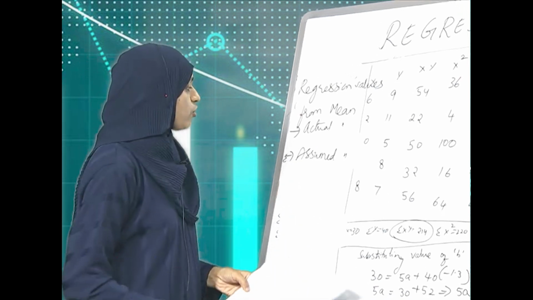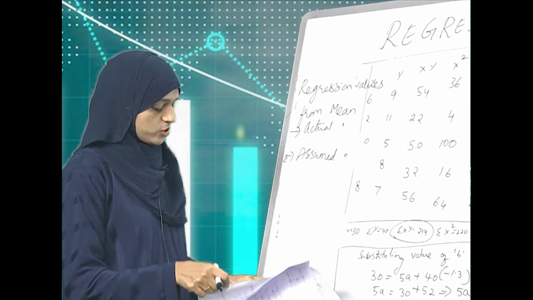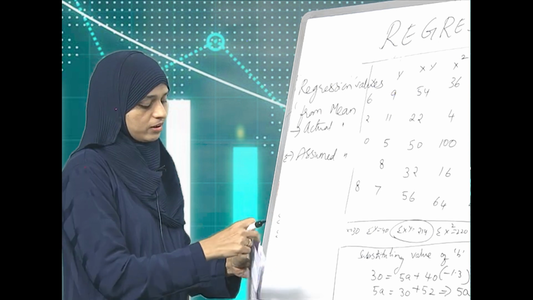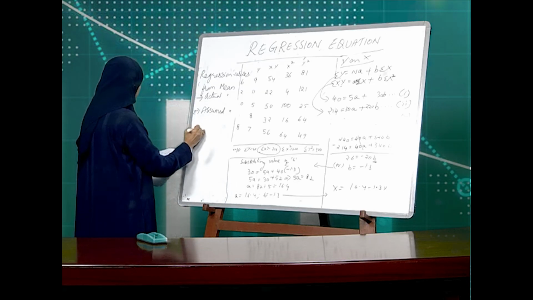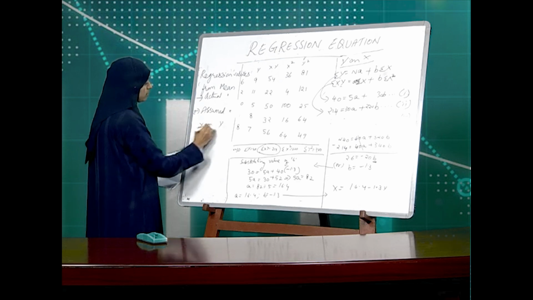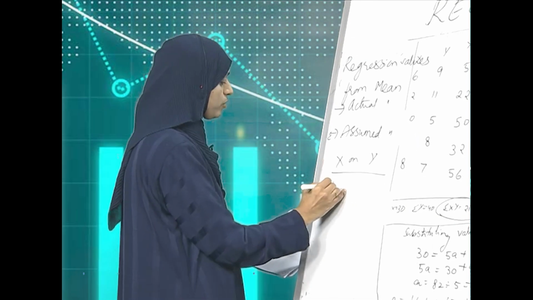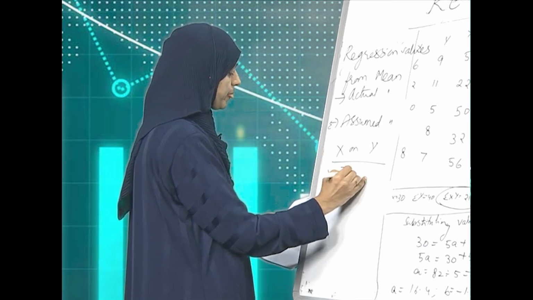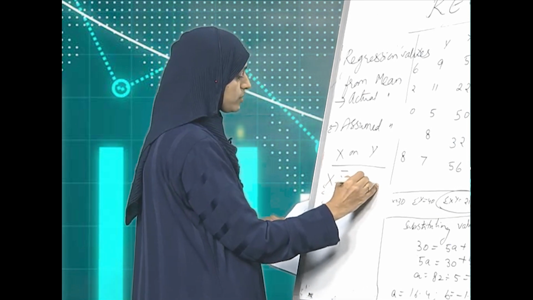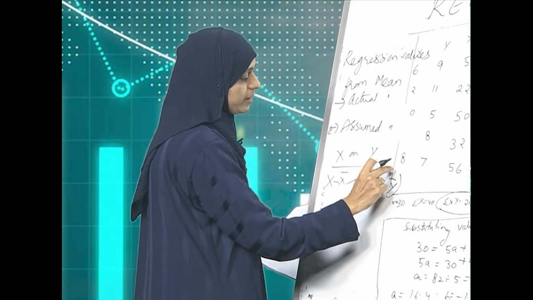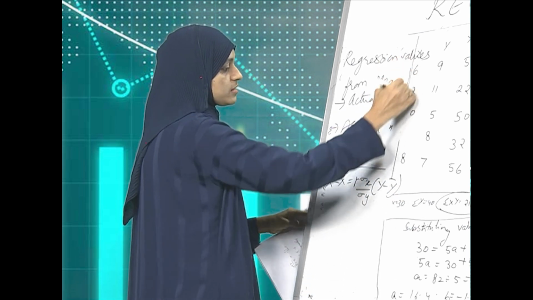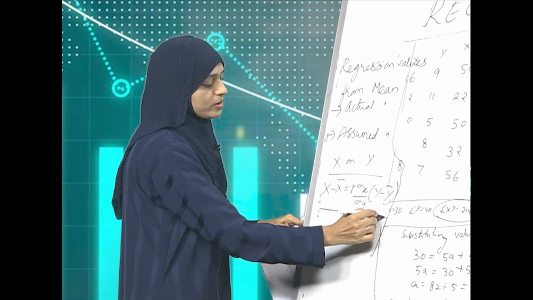So here we will talk about one more illustration related to means. Here we can say x on y, where the equation will be... Now here comes your standard deviation, because we are taking deviations from the mean. So this is how the regression equation looks.